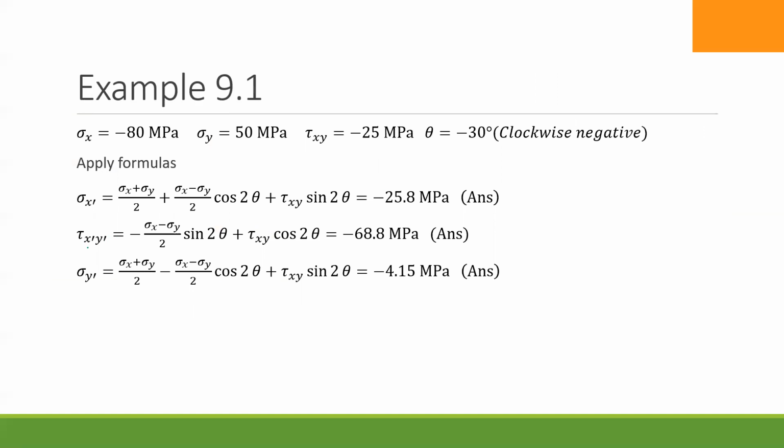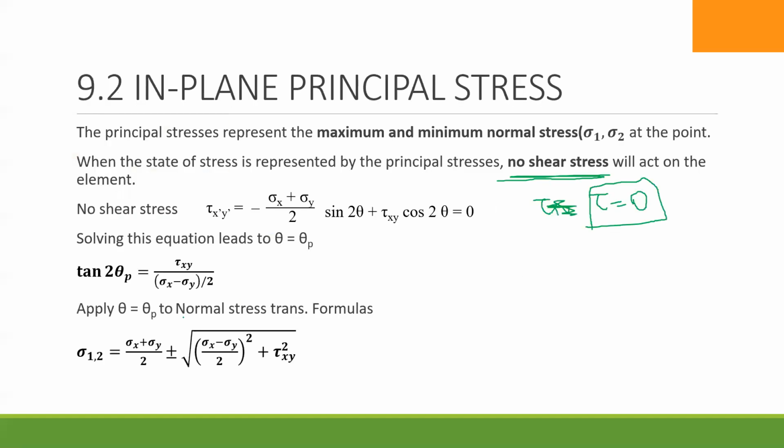In this special case, I can set this formulation equal to 0, and theta becomes theta p. In other words, we can find the orientation or angle of the principal stress.